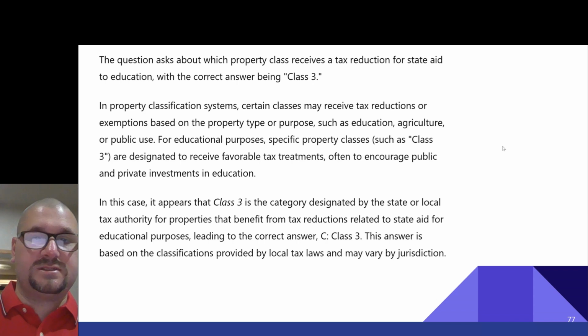In this case, Class 3 is the category designated by the state or local tax authority for properties that benefit from tax reductions related to state aid for educational purposes, leading to the correct answer, C, Class 3. This answer is based on the classifications provided by the local tax laws and may vary by jurisdiction.